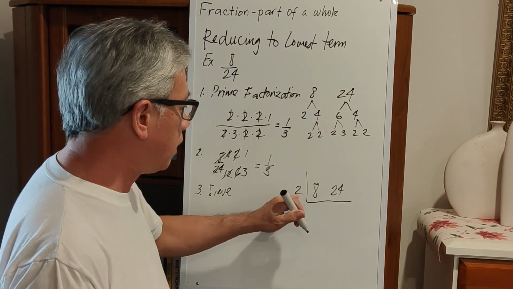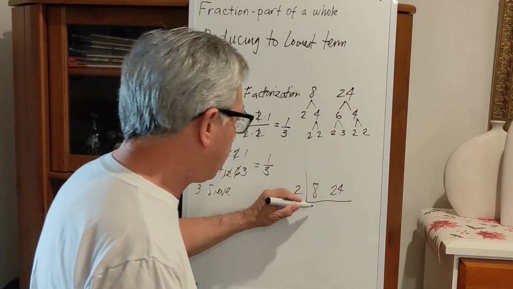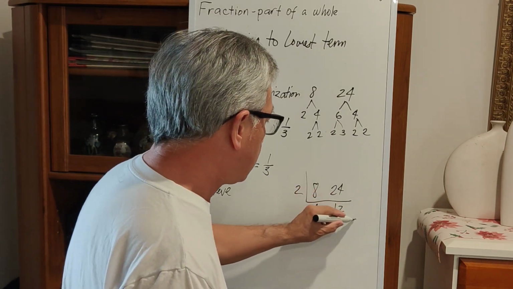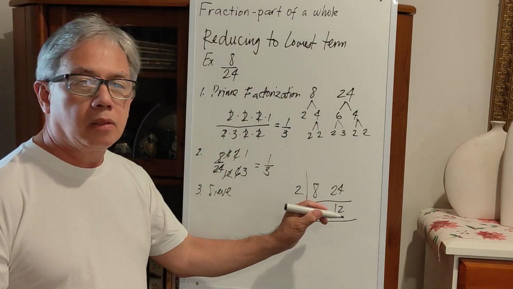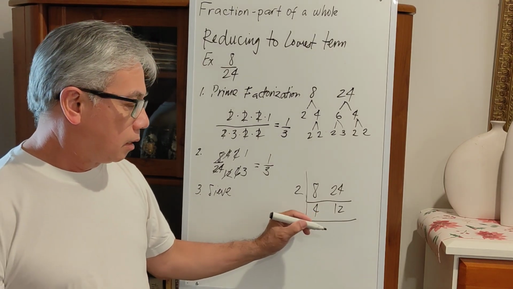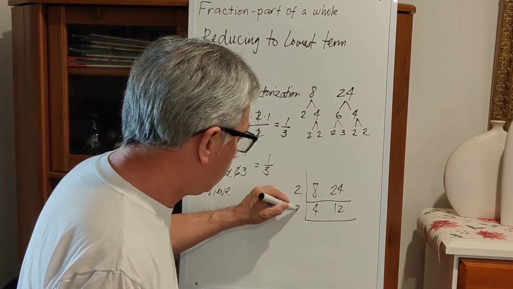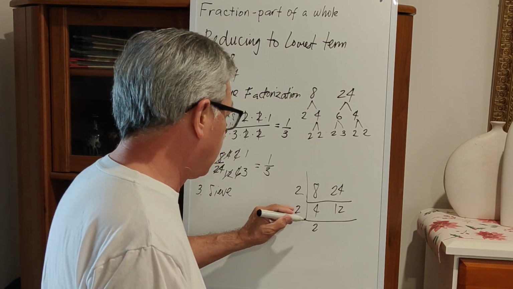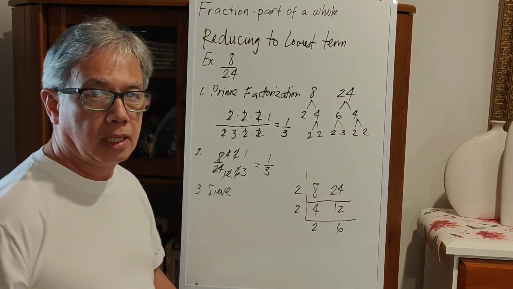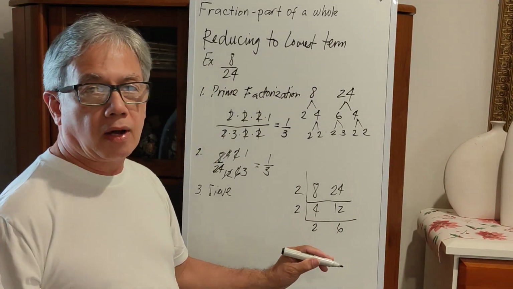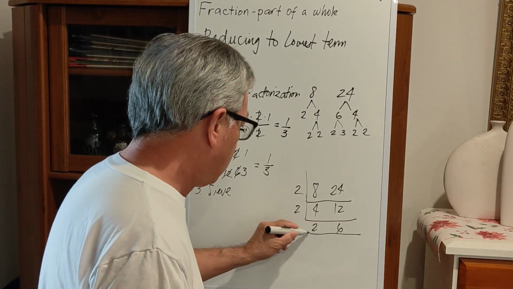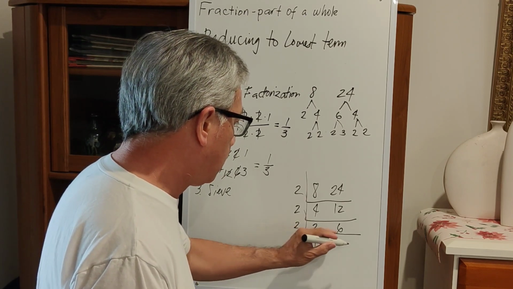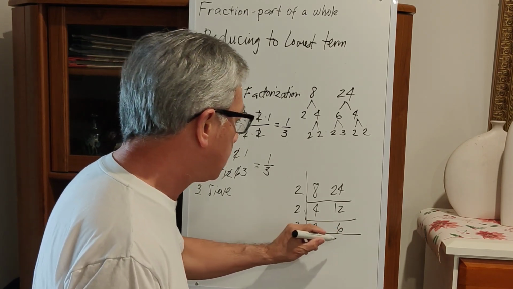So 8 divided by 2 is 4. 24 divided by 2 is 12. We can still think of a number that divides these two numbers, so another 2. So 4 divided by 2 is 2. 12 divided by 2 is 6. Now this can still be divided by 2. 2 divided by 2 is 1. 6 divided by 2 is 3.